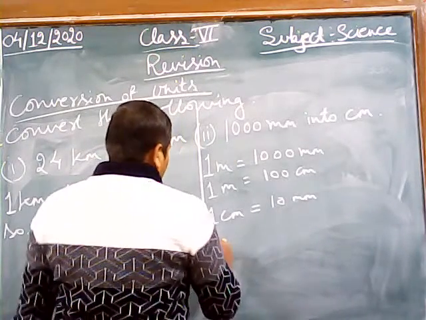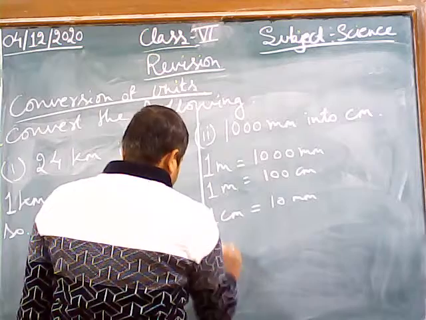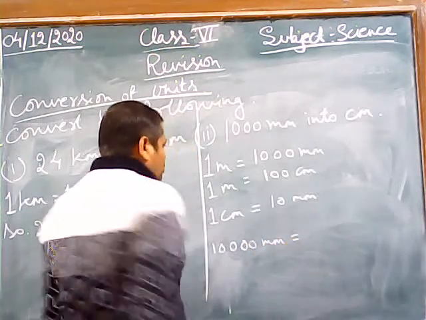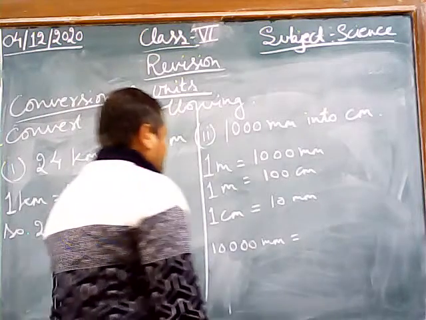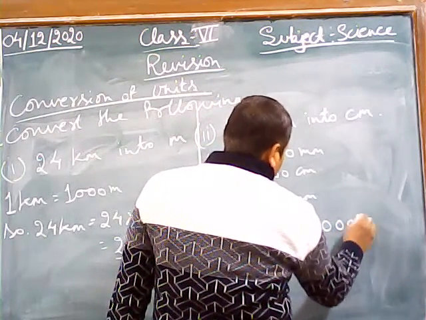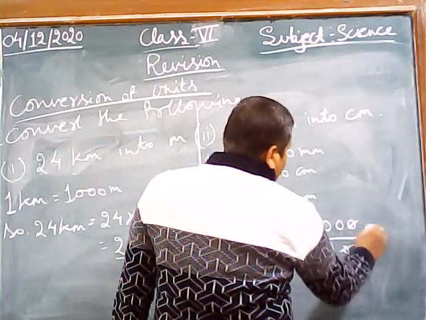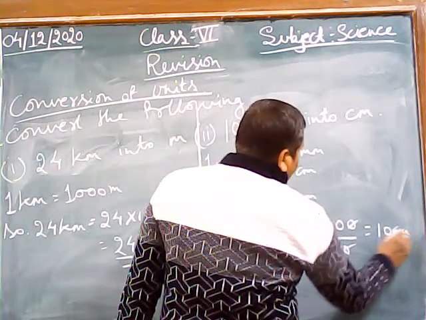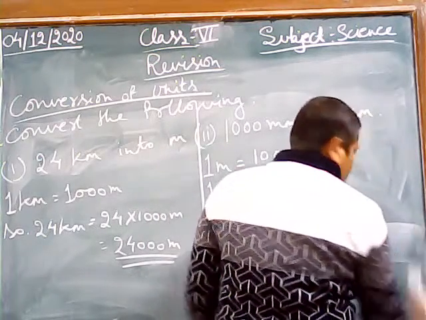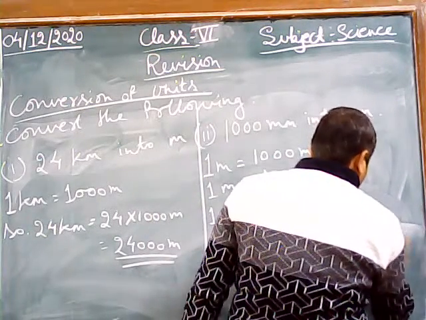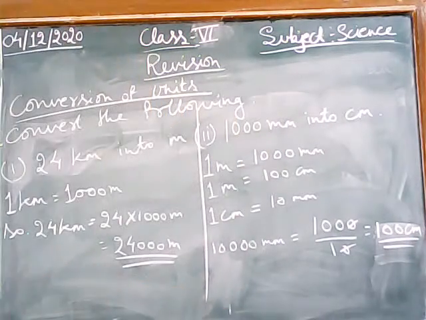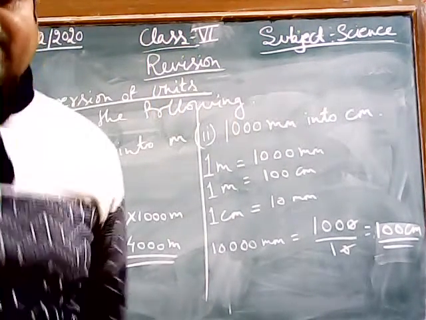So 1000 millimeter is equal to 1000 upon 10, which is equal to 100 centimeter. It is 100 centimeter. Any problem? Please note down.